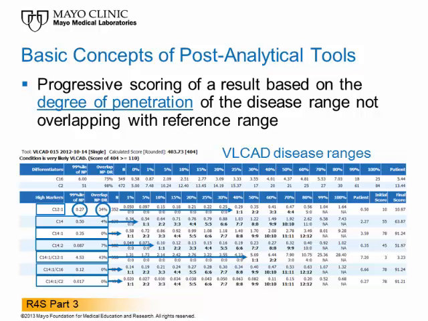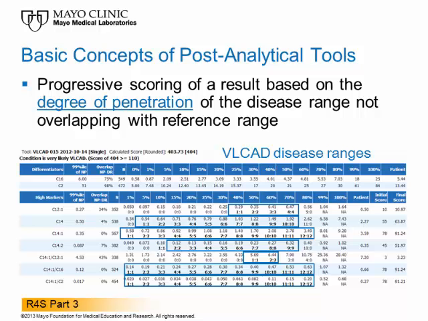Different scoring models are available, but their discussion in detail is beyond the scope of this presentation. The scoring model of this particular tool is an increasing type, the one that is most commonly used. In this model, the first cross percentile beyond the overlap with the reference range counts for a score of 1, the second for a score of 2, with increments of 1 up to a maximum of 12.